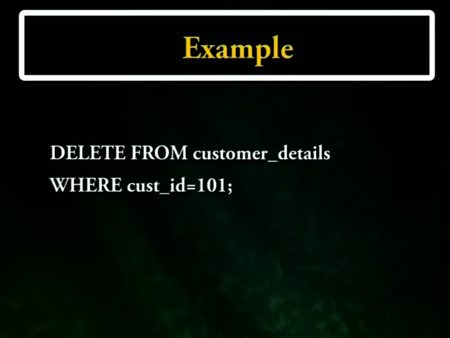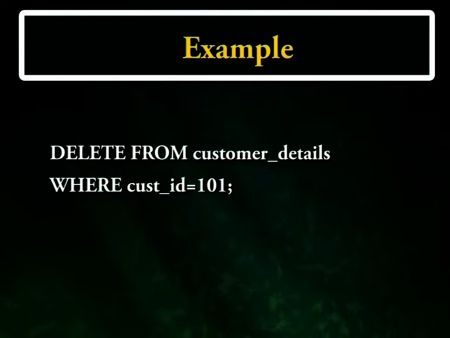Now, look at another example in which we have specified the where clause as shown: delete from customer_details where cust_id = 101. Here in this example, as we have specified the where clause, only those rows with cust_id equal to 101 will be deleted.